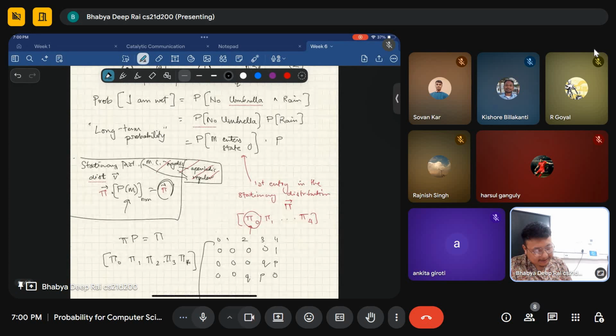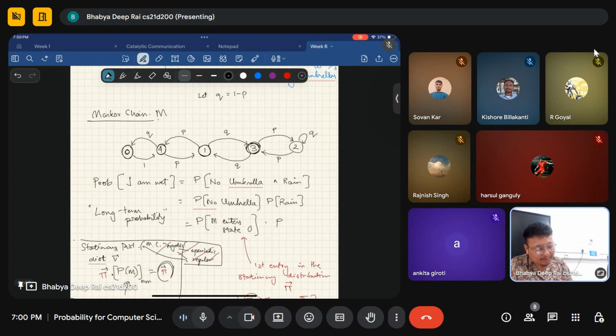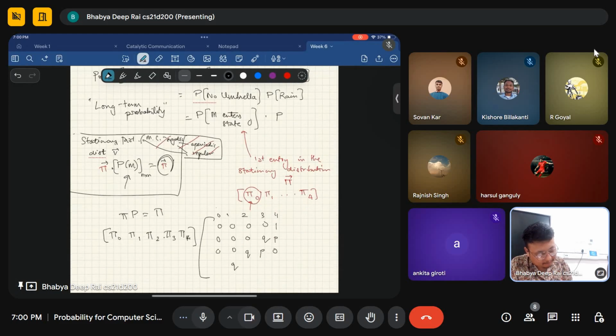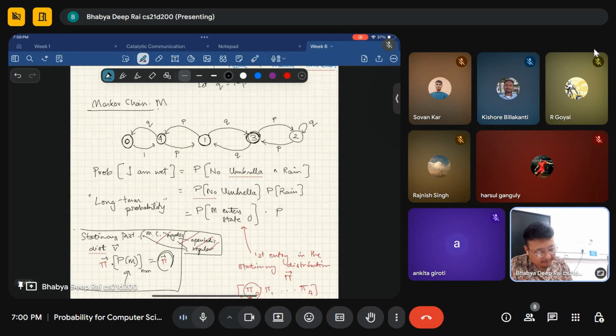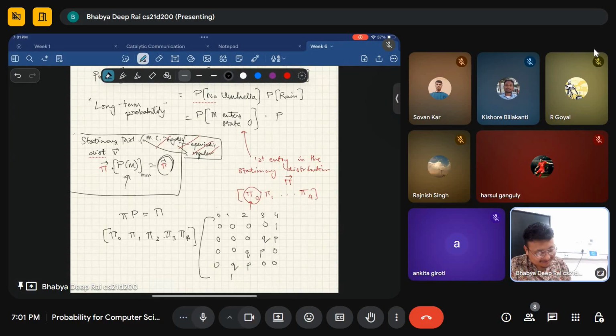And 3 moves to 2 with probability P and 1 with probability Q. And finally, 4 moves to 1 with probability P and to 0 with probability Q. This is what we get, equal to the same thing, the pi vector transposed.